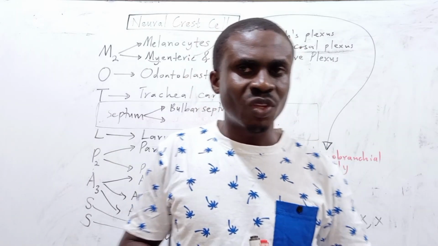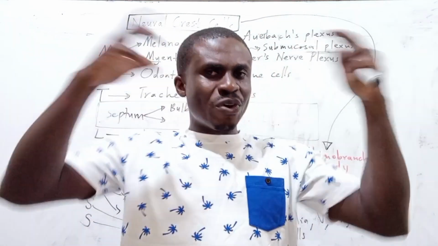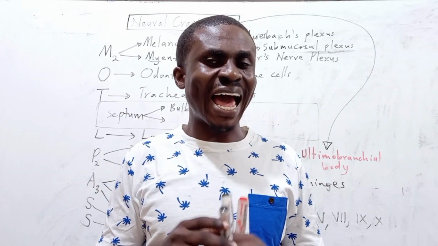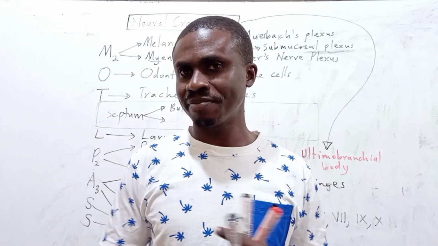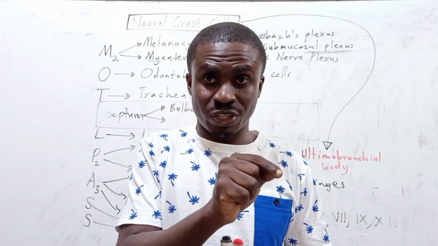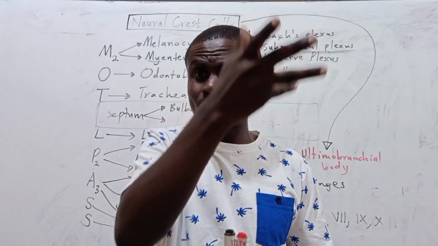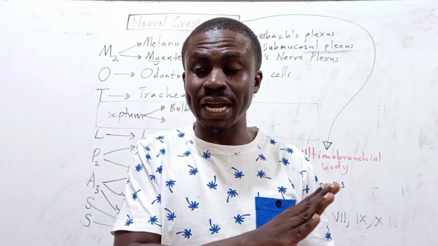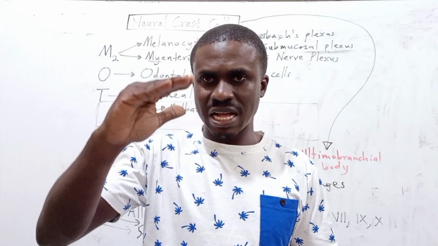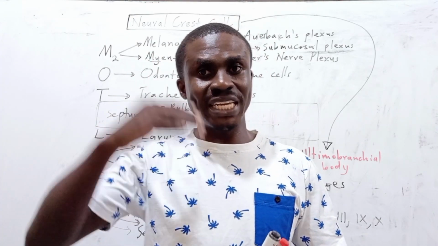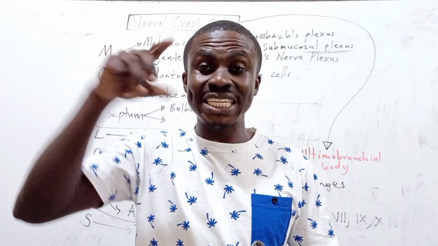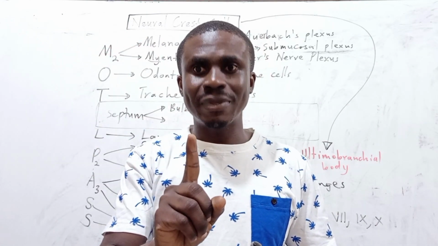Now, again, you know that these outflowing portions of the ventricles are leading into some great vessels. They are taking the blood out. So, for instance, through the right ventricle, the blood will be taken through what we call the pulmonary trunk. Again, through the left ventricle, blood will be taken out of the heart, this time through the ascending aorta.